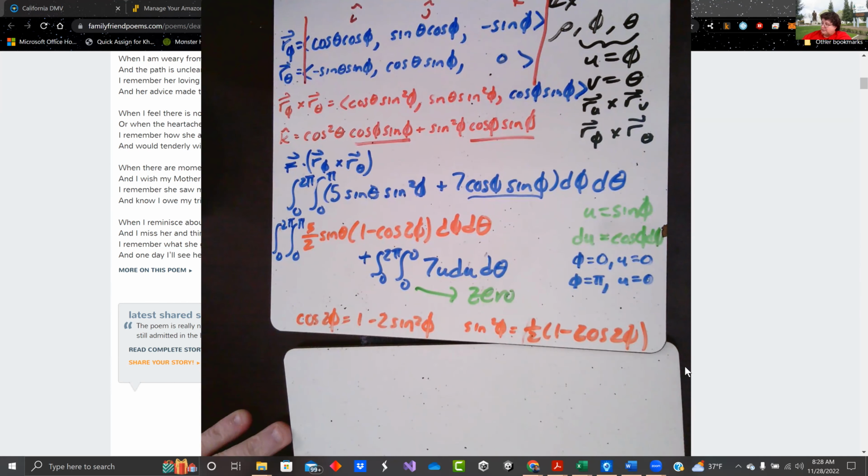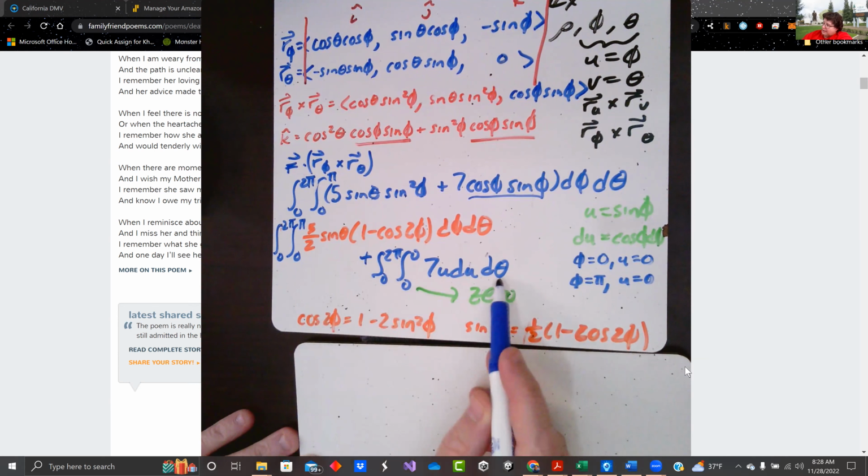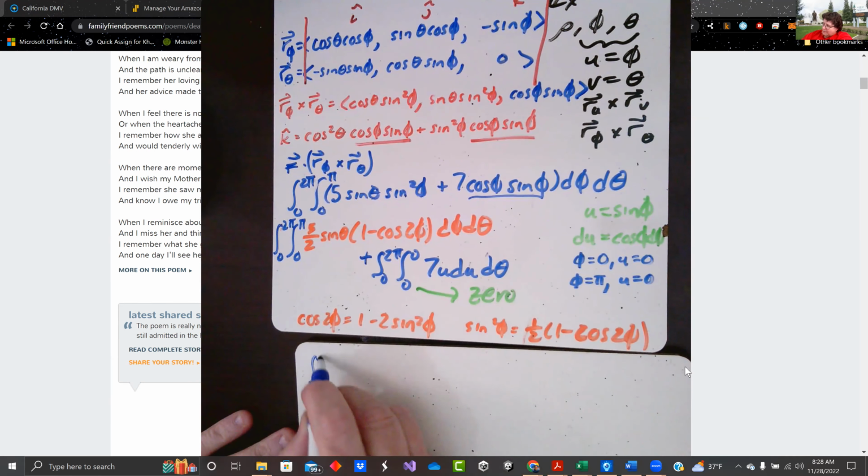All right, so actually we're about done, because this other integral goes to 0. This other integral is separable now.